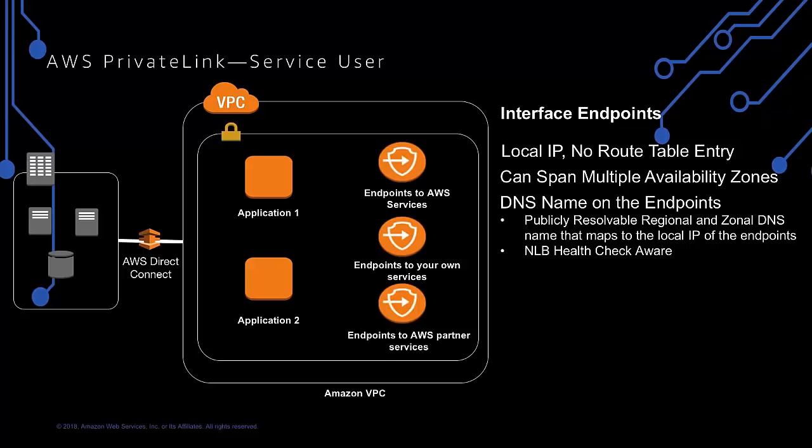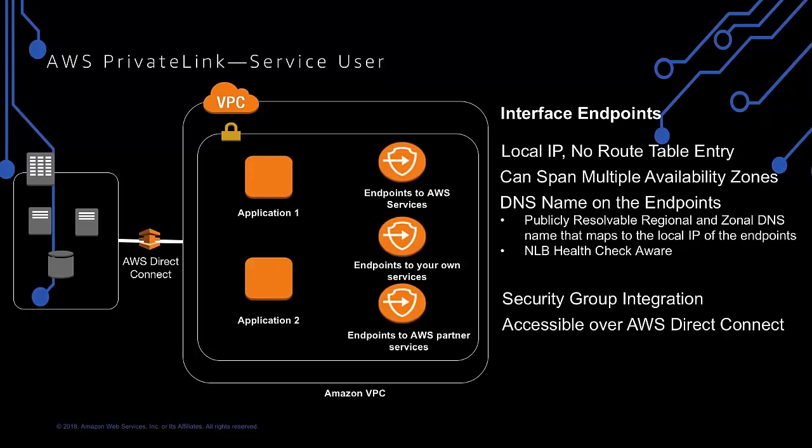You can use security groups with the network load balancer as well. So in this case, you can say, I can only talk to this network load balancer or this PrivateLink endpoint. That's helpful. And you can access it over Direct Connect as well. If you want to access your endpoints over Direct Connect, that works today.